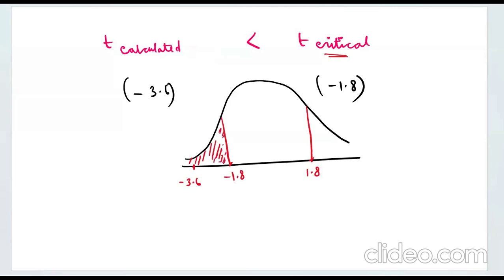So finally, we can take some decisions. We can write the conclusion of our test.